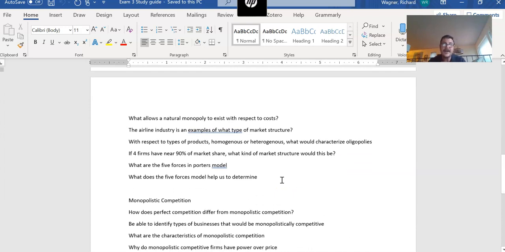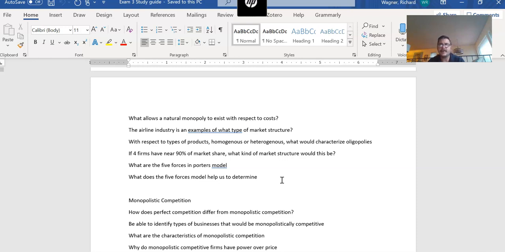What allows a natural monopoly to exist with respect to costs? Remember, they had extremely high costs. Because of those extremely high costs, it's thought that if we had more people trying to do this, they would all have very high costs, and the price to produce just a small amount would be very, very high.